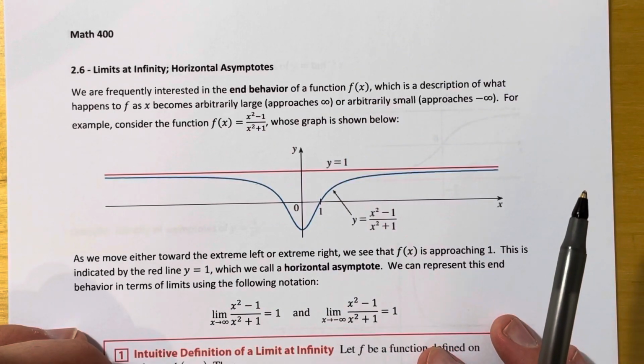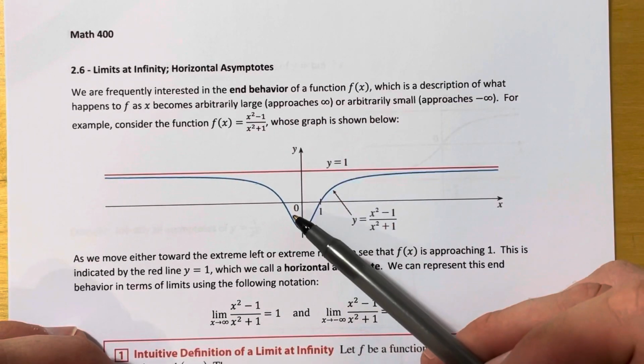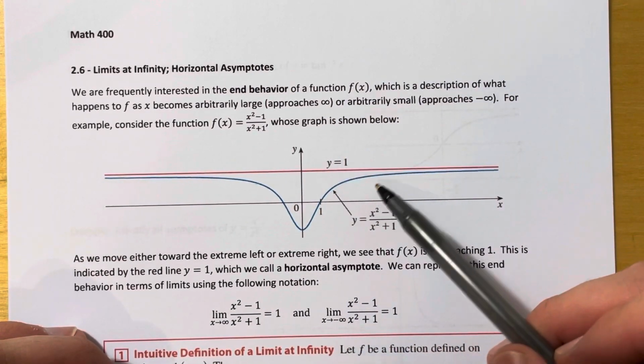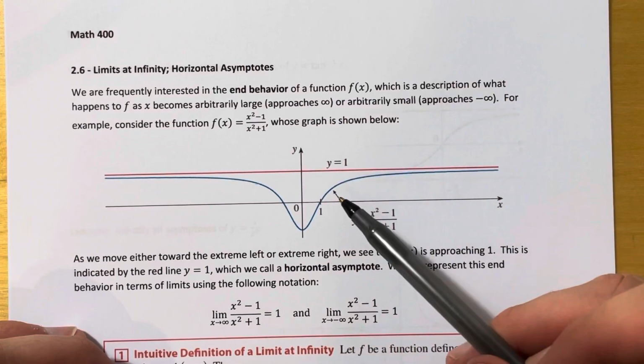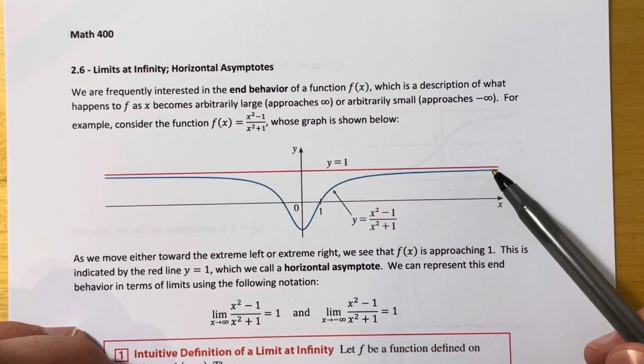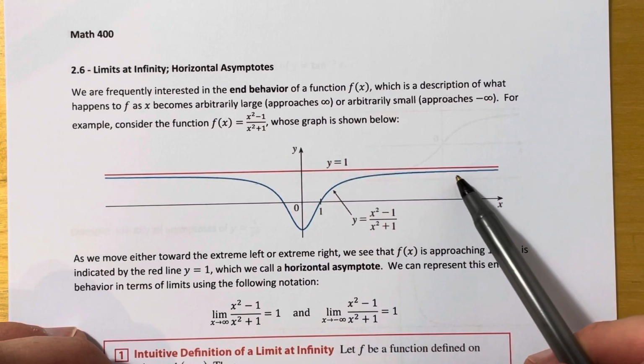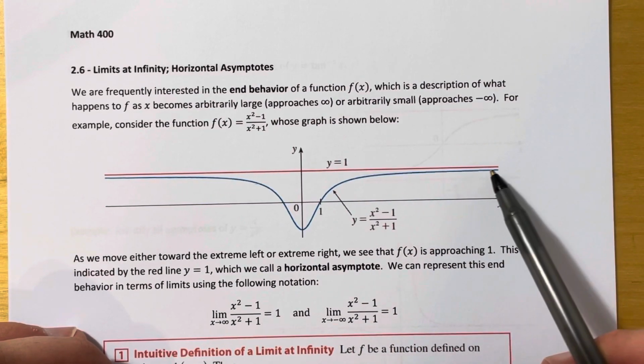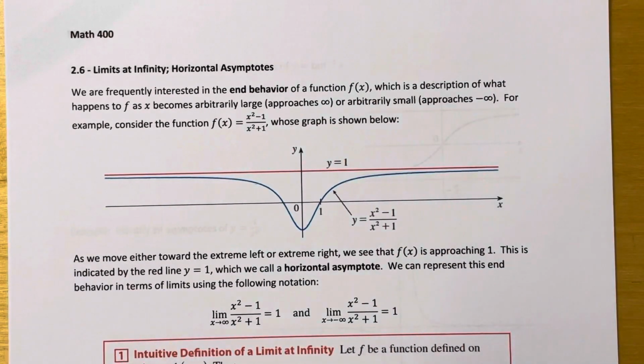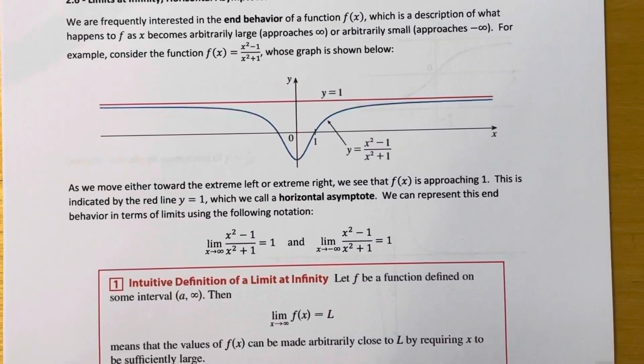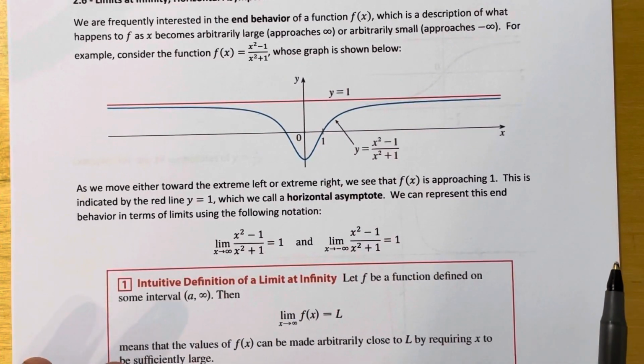A lot of times people fall into the misconception that a curve cannot cross a horizontal asymptote. It absolutely can, but in the long term, it'll eventually have behavior that looks like this, where it just approaches that horizontal asymptote. Okay?